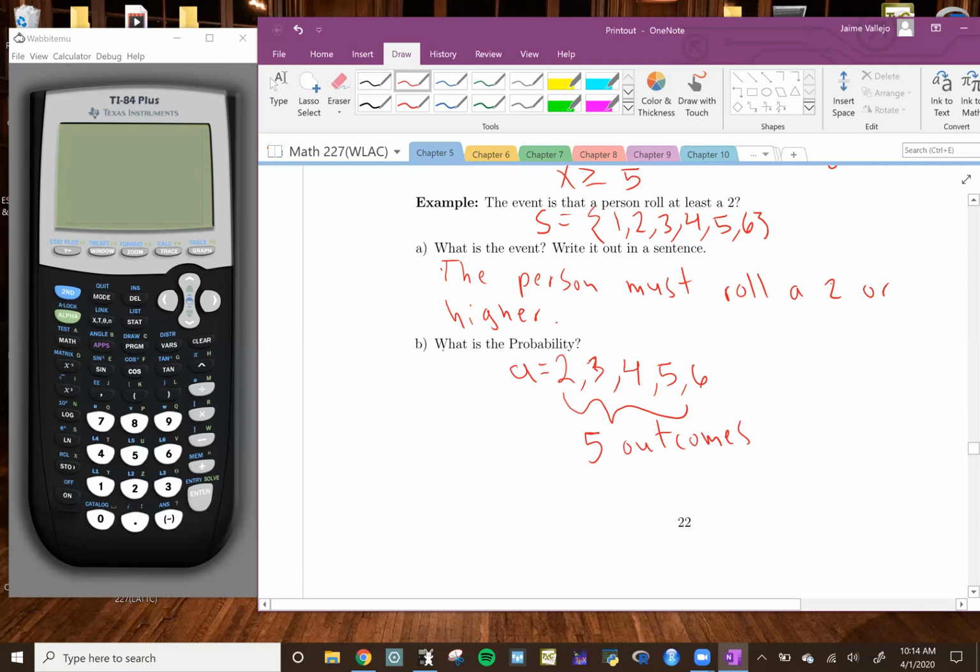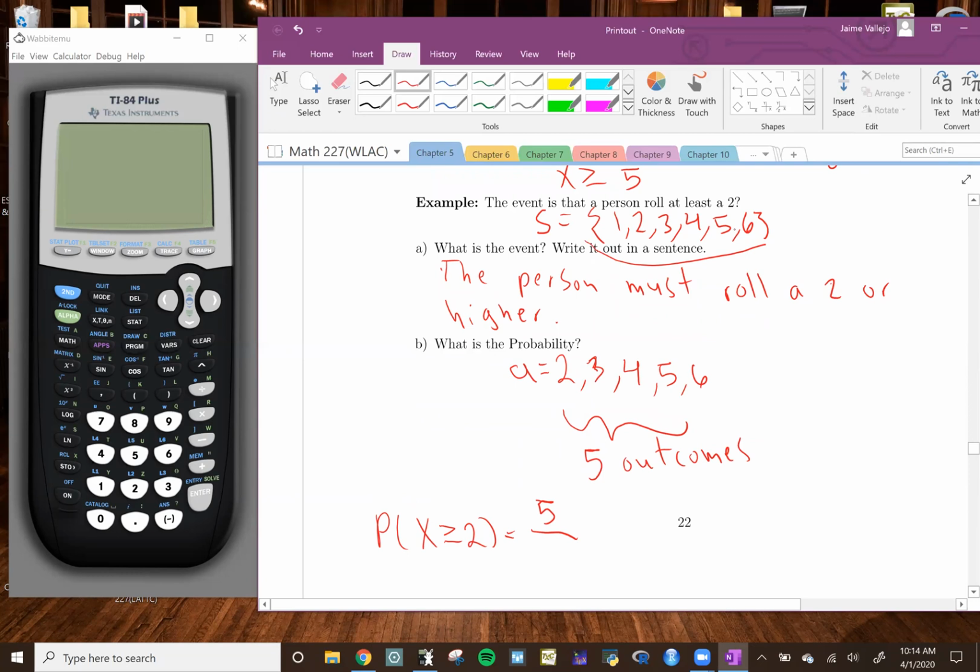All right, so for part B, it says find the probability. We're going to find the probability that X is greater than or equal to 2. That's equal to 5 outcomes divided by how many total outcomes we have. The sample space has 6 outcomes, so you divide this by 6.